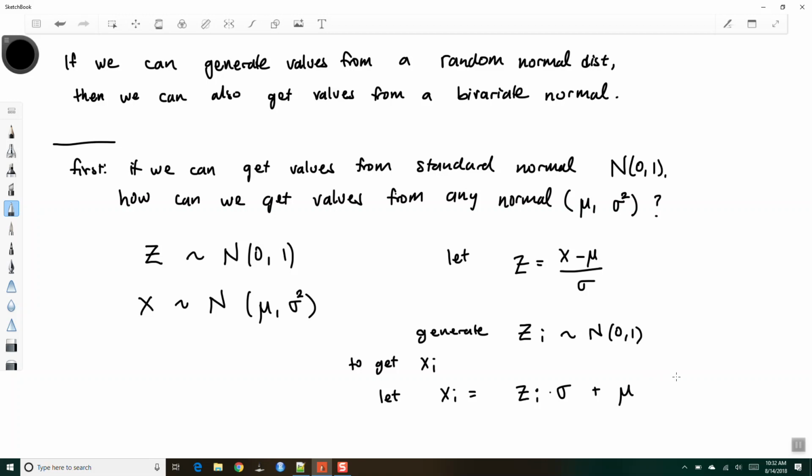And that's it, okay? And then x sub i will then come from normal with mean mu, variance sigma squared. So if you're able to generate from a standard normal, then we can go to any normal distribution.